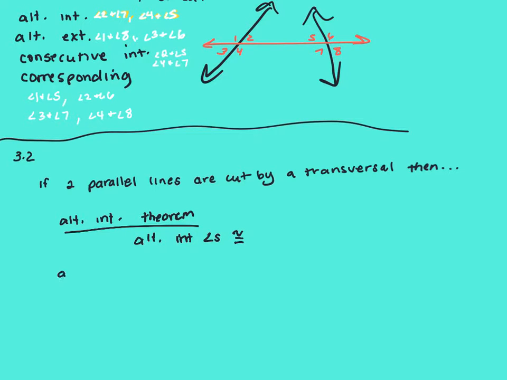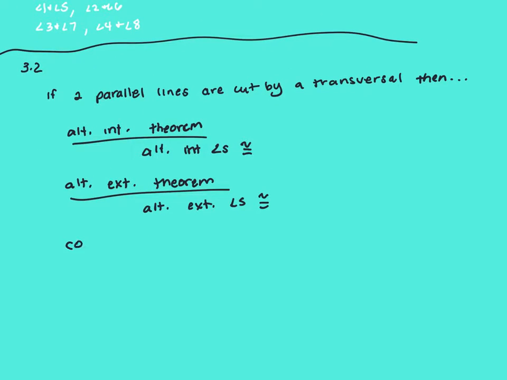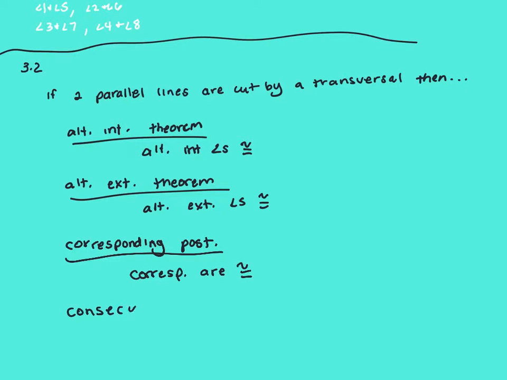Then there was the alternate exterior theorem, which said alternate exterior angles are congruent. Corresponding angles, but this is the postulate, said corresponding angles are congruent. And then the last one was consecutive. Well, not necessarily in that order.